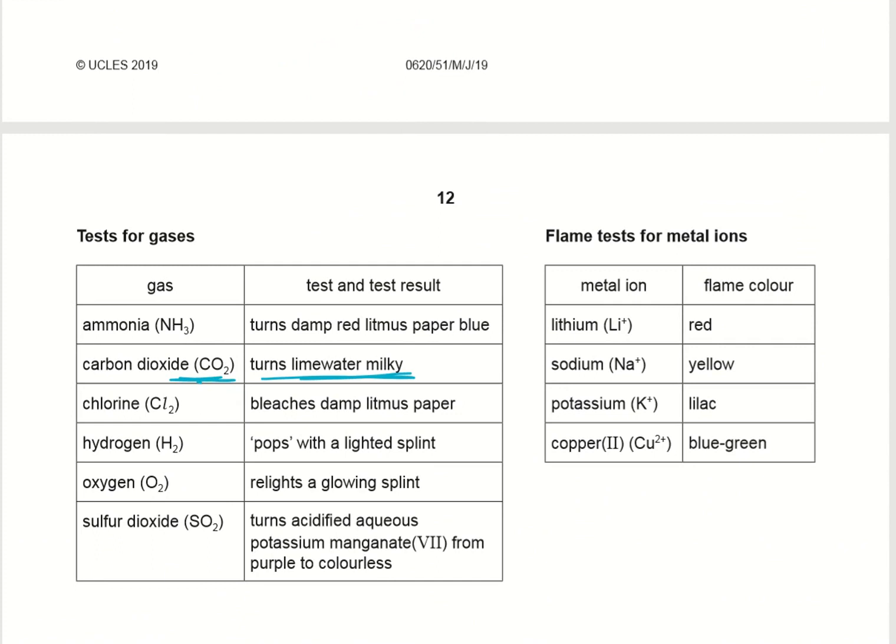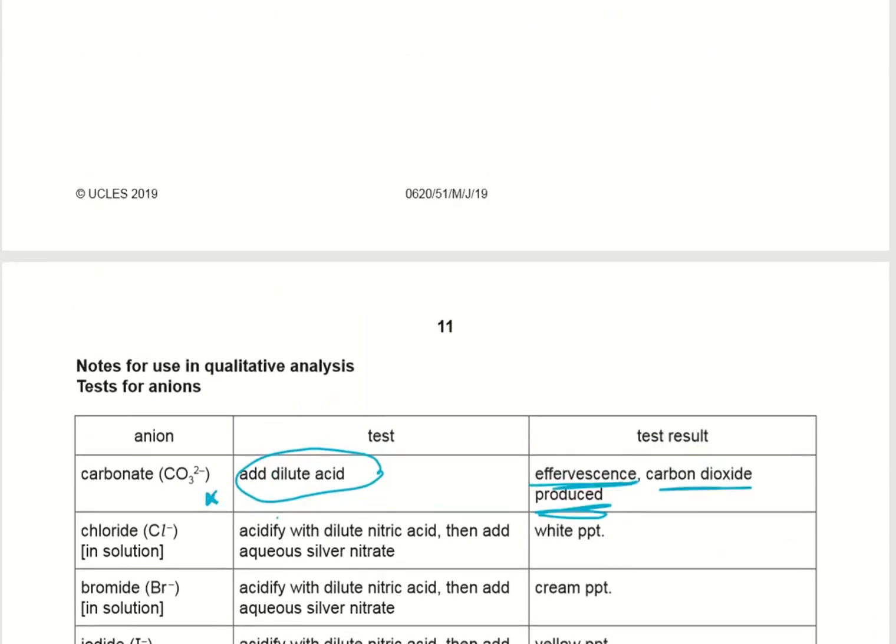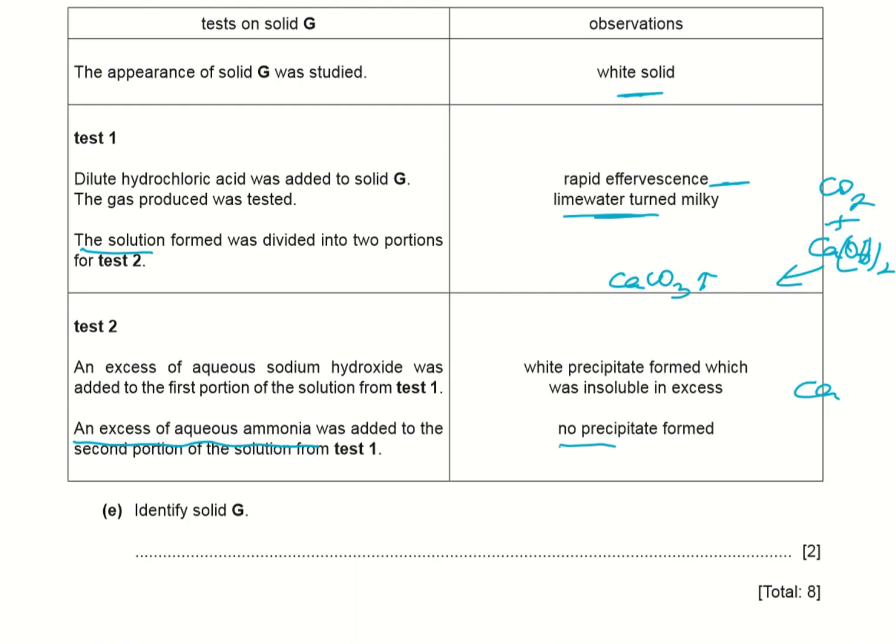So when you put all these pieces together, we arrive at the answer that calcium ion was present, and of course carbon dioxide was formed from carbonate. So we can conclude that solid G is calcium carbonate. Very simple conclusion.